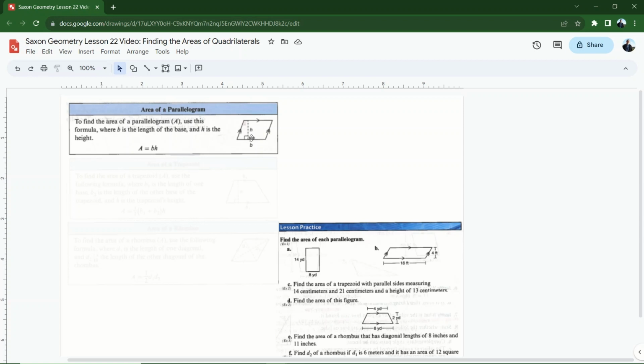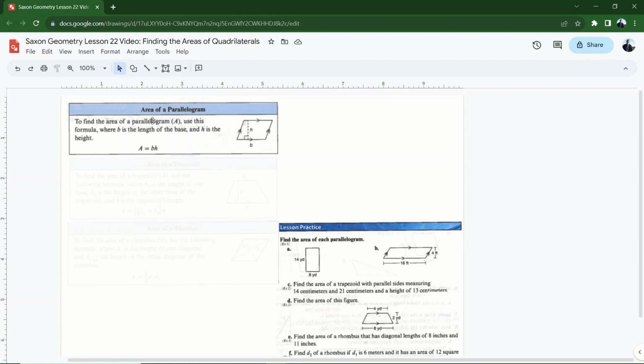So really a parallelogram is just a slanted rectangle, and it's slanted in such a way that if we cut off the triangle in one end and move it to the other end, the area would be that of the rectangle that has the same base and height. Okay, that's why it's just base times height.